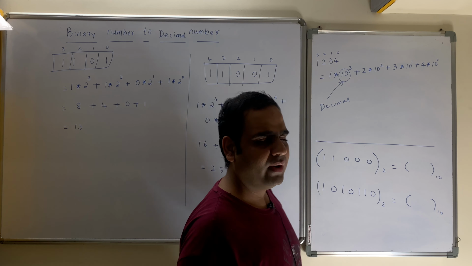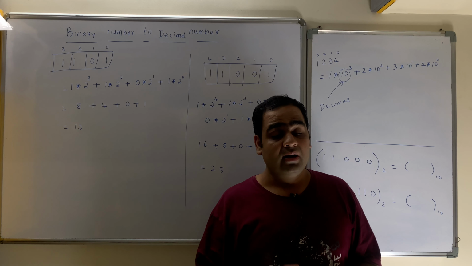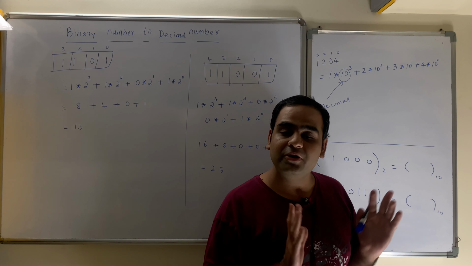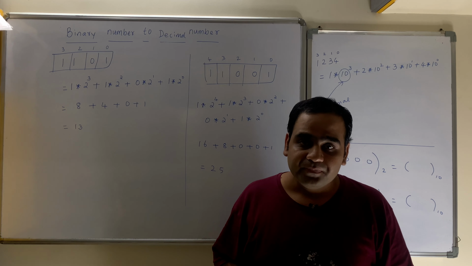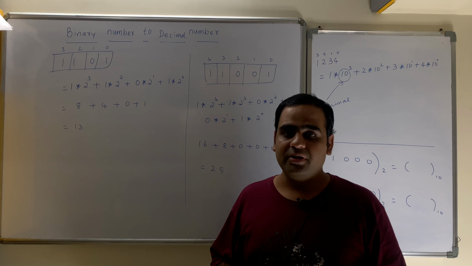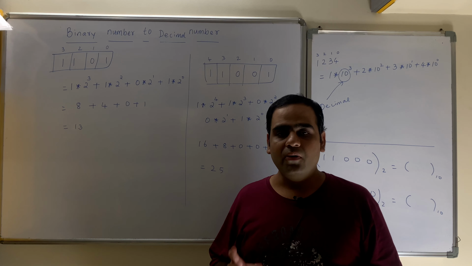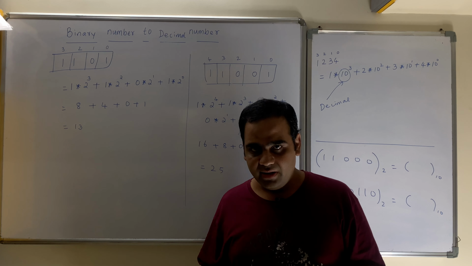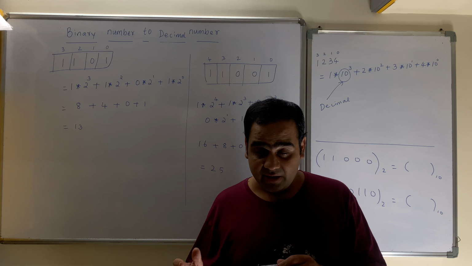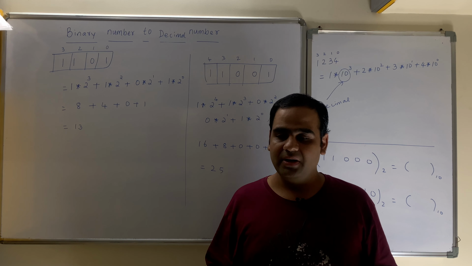I hope you have understood how to convert. I have only talked about positive numbers. I haven't talked about negative numbers; we will see that after we study the data types. I hope you have understood how to convert a positive decimal number to binary, and a positive binary number back to decimal.